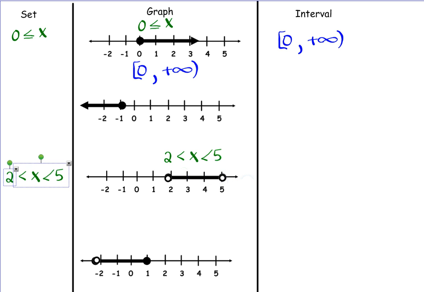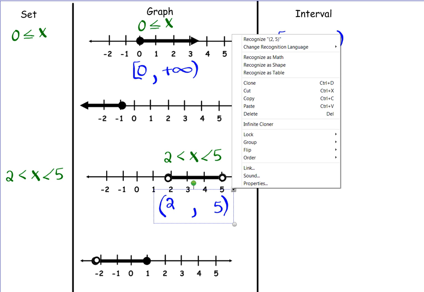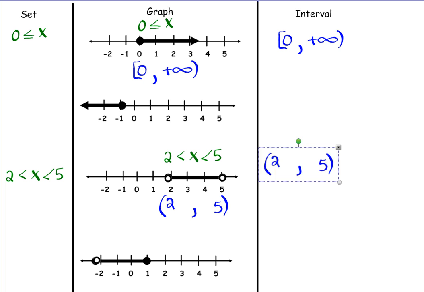My interval notation: open dot, 2, 5 is the other endpoint, and it has an open dot. So there's my interval notation for this one.